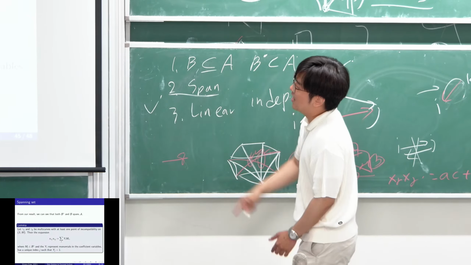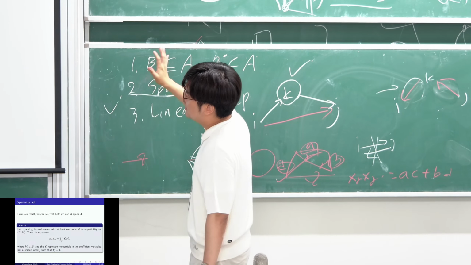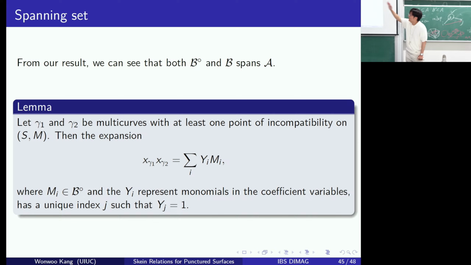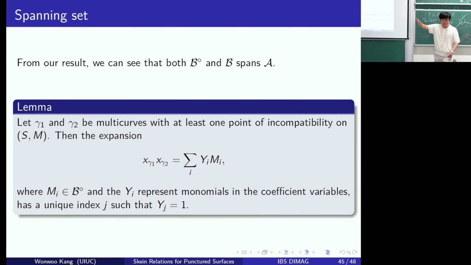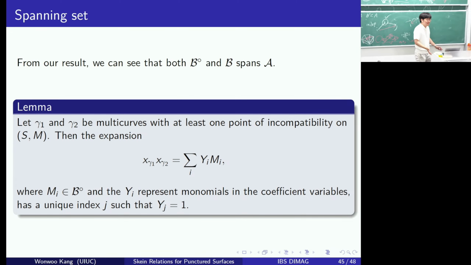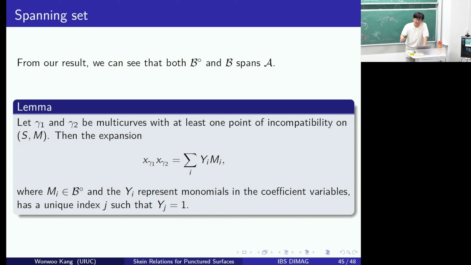But for span, in order to prove it, you need the result that I mentioned. You need the result to show that the multiplication of any of them can be expressed in terms of the variables from the first part, and it's not even a fraction or some kind of fractional thing. It's just a sum of nice terms.